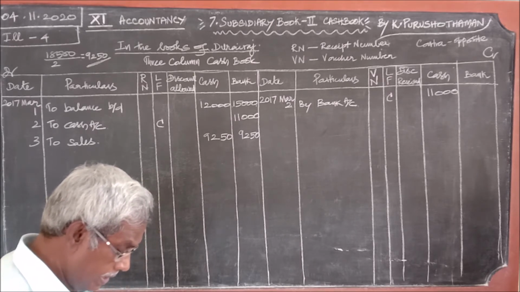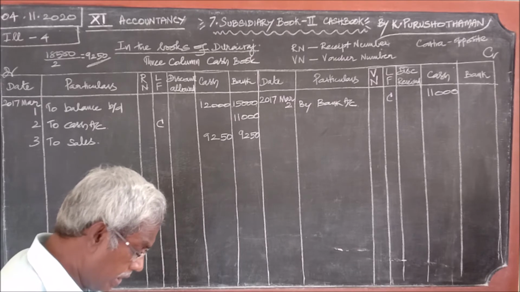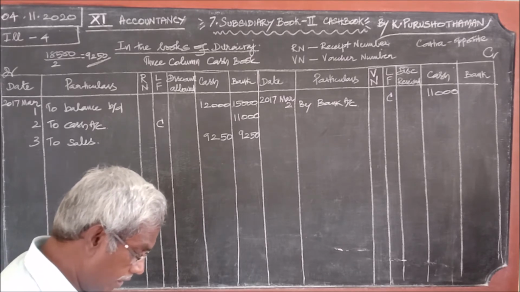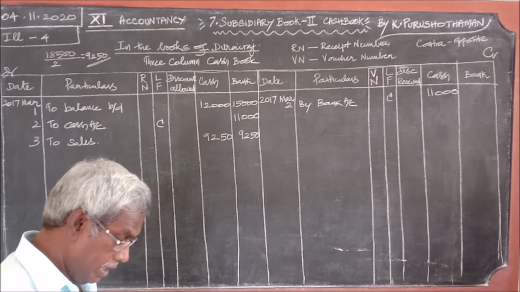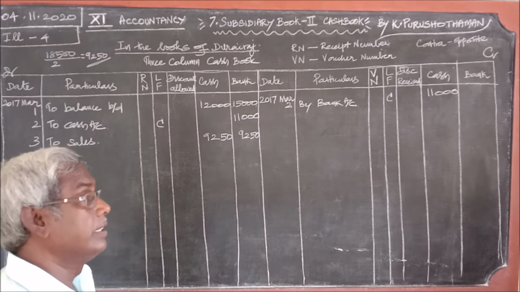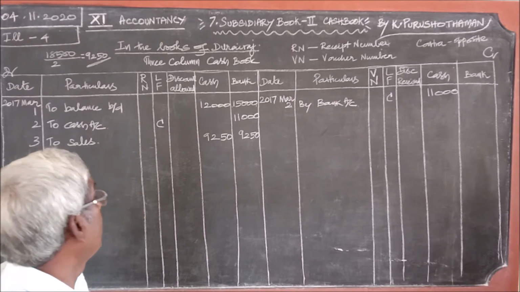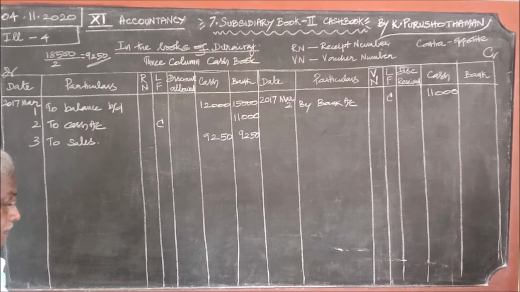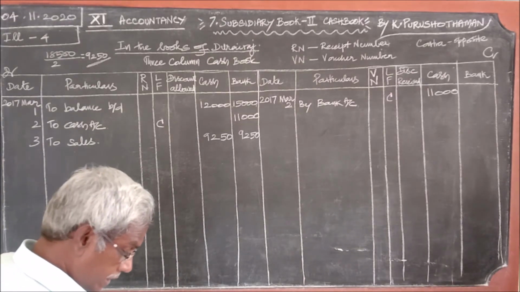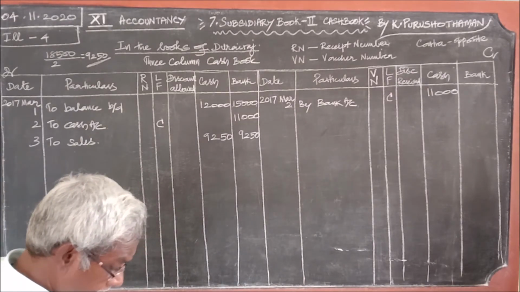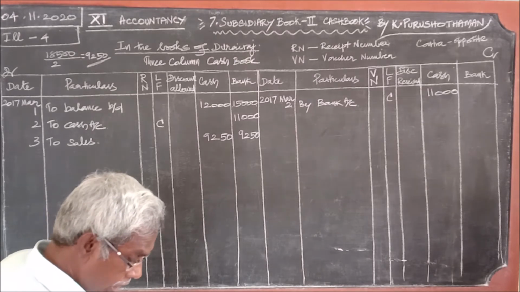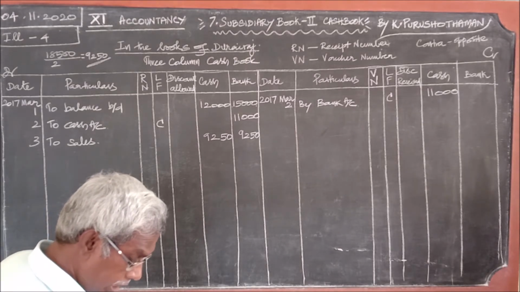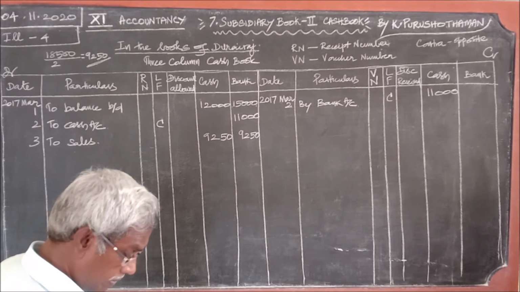Listen, this is also very important. On the 4th, goods were sold to Jayaraj on credit for 7,000 rupees.